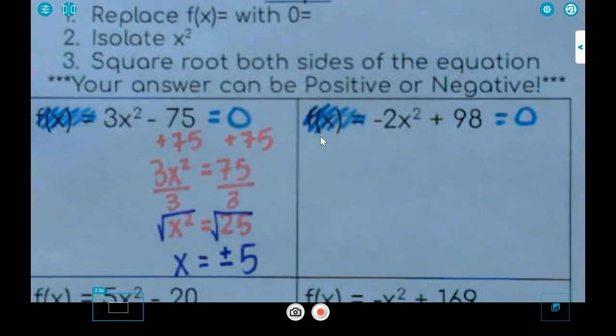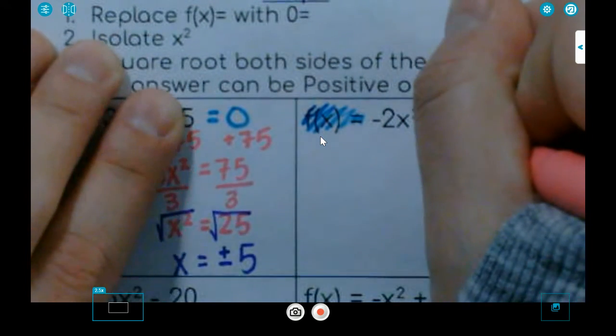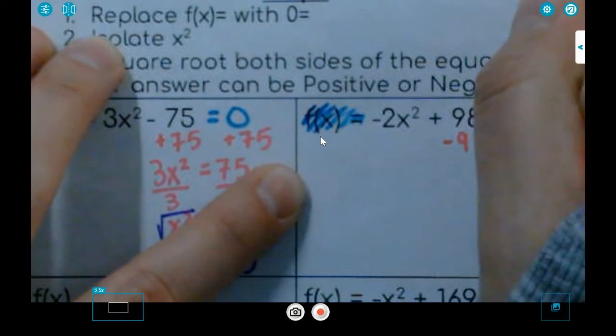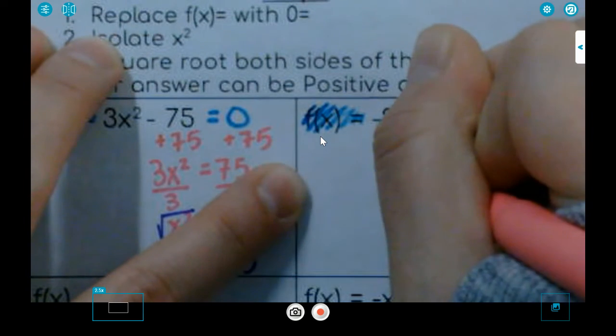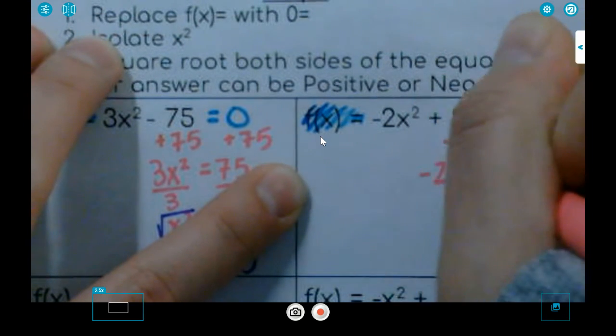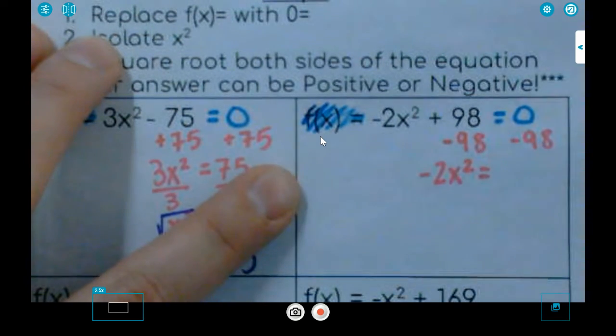This one, the first thing I need to do is get rid of the plus 98. Opposite of plus 98 is minus 98. So I'm going to subtract 98 from both sides. I get negative 2x squared equals 0 minus 98 is negative 98.